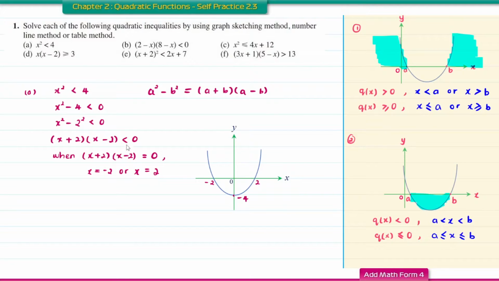As this quadratic inequality is less than 0, the range of values of x on the graph is determined below the x-axis, which is here. So the solution for question A is x greater than negative 2 but less than 2.